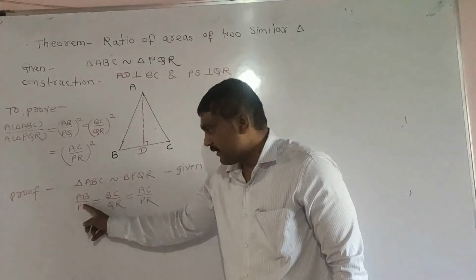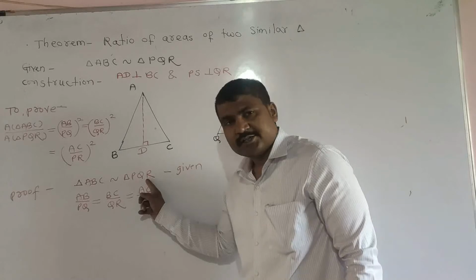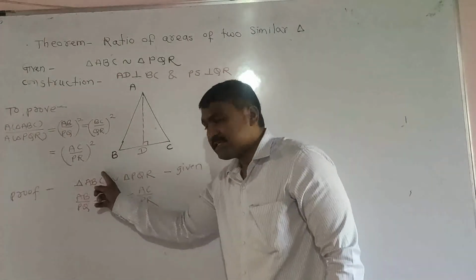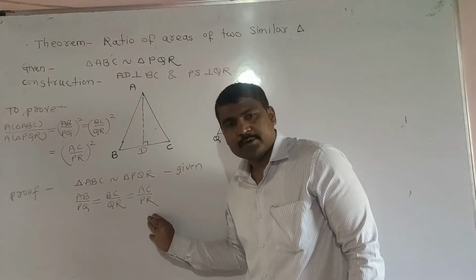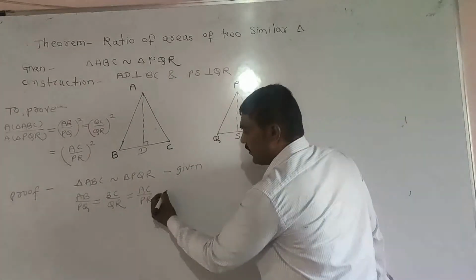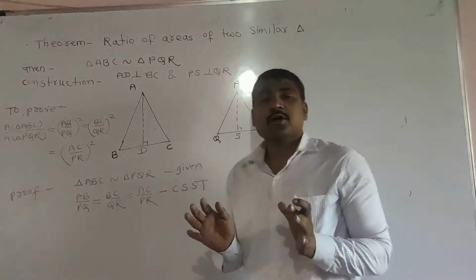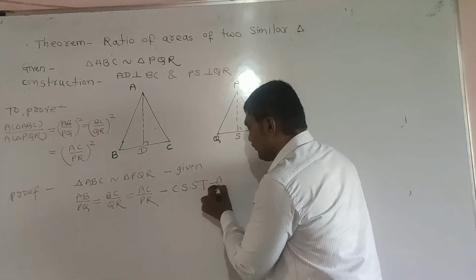That's why I have written AB upon PQ. When you take BC, the corresponding side is QR, so write QR below BC. When you write AC, what is the corresponding side? PR. That's why I have written AC upon PR. So this is the CSST. CSST means corresponding sides of similar triangles. So say equation number 1.